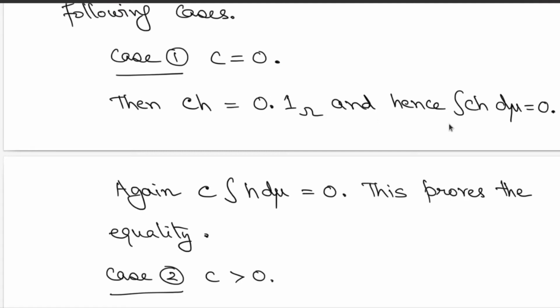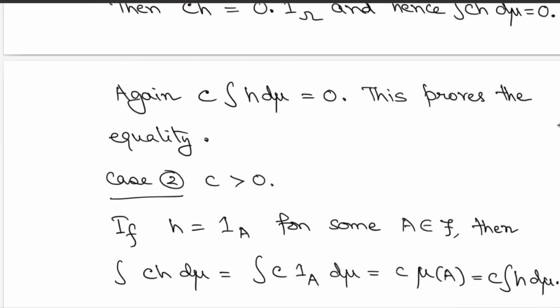But 0 times any real number, or 0 times infinity, is taken to be 0, so this integration is 0. But what happens to c times the integral of h? Whatever integral value h has, it could be a real number, minus infinity, or plus infinity. No matter what the value is, once you multiply by 0, it's 0. So you have the required equality. This equality holds when c is exactly equal to 0.